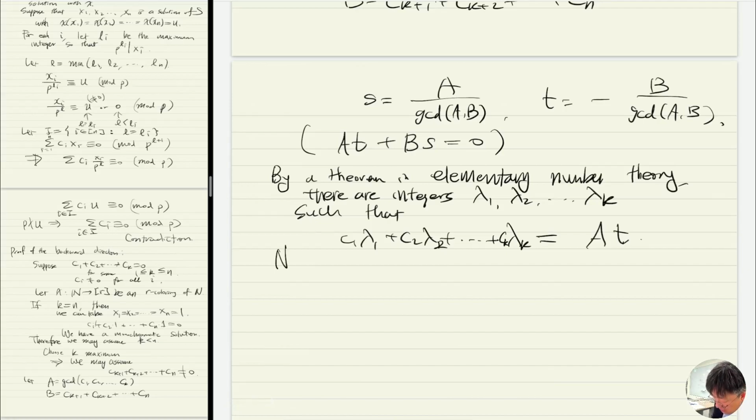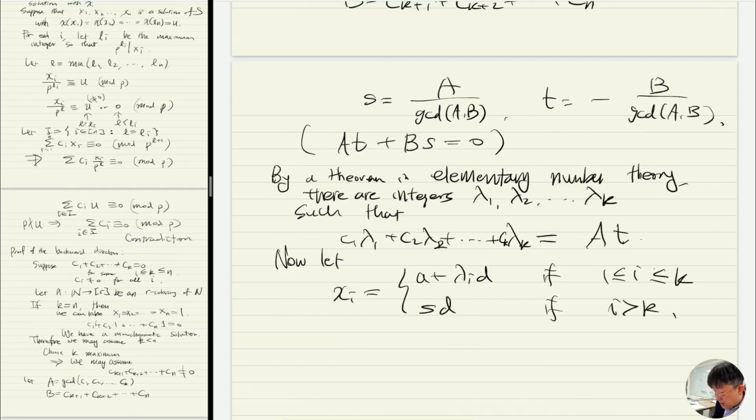Now let xi be a plus lambda i t if i is from 1 up to k, and otherwise I take s d if i is bigger than k.